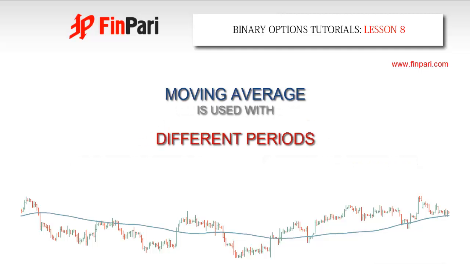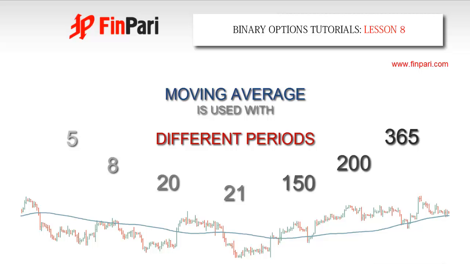There are different setups of moving averages. Moving average periods which traders often use are 5, 8, 20, 21, 150, 200, and 365. Period is the number of candles that are taken to build the line.